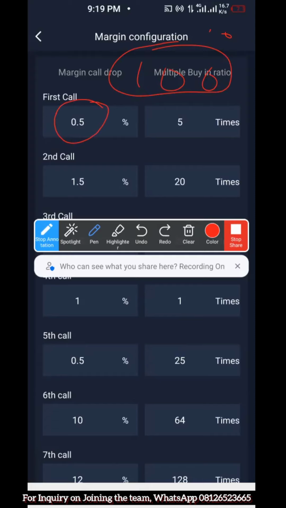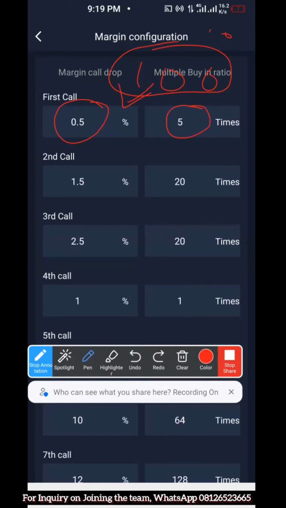So if it drops by 0.5%, that's going to be $95. Okay, I'm actually using 5% to calculate it. So if it drops by that particular price, what is going to happen? It's going to buy me 5 times 10, 50.